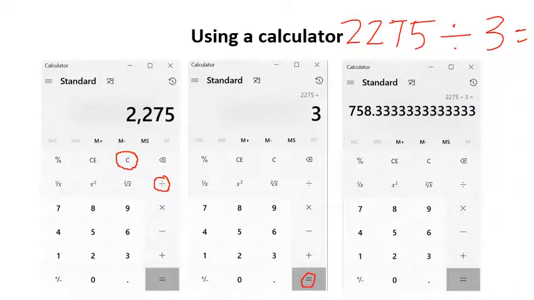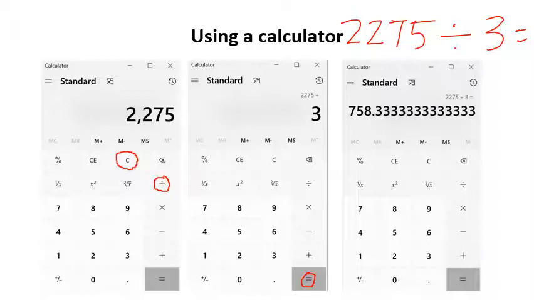This happens to me a lot. Sometimes my finger accidentally slips and I hit the times symbol, or I might mistake the subtract symbol for the division symbol and accidentally get the wrong answer. So you want to do a common sense check. If this answer is larger than what you started with, then you've made an error.